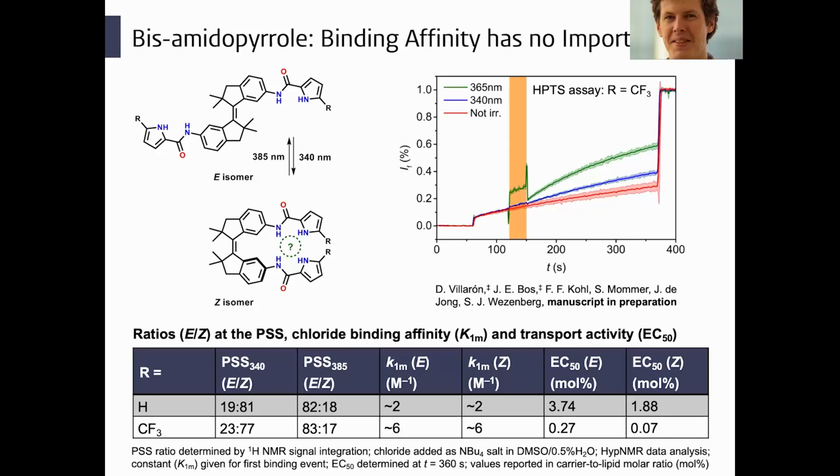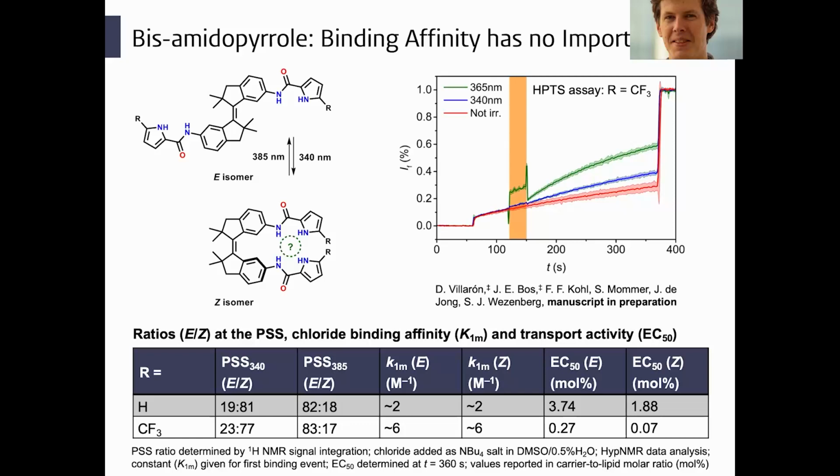One example I wanted to highlight is this stilbene receptor based on bisamidopyrrole. Also in this case, we expected that actually by bringing the binding motifs together, we would have enhanced binding. But now we do have a little bit more overcrowded system where we have these methyl substituents to stilbene, and somehow that leads to a slightly larger dihedral angle for the Z isomer.